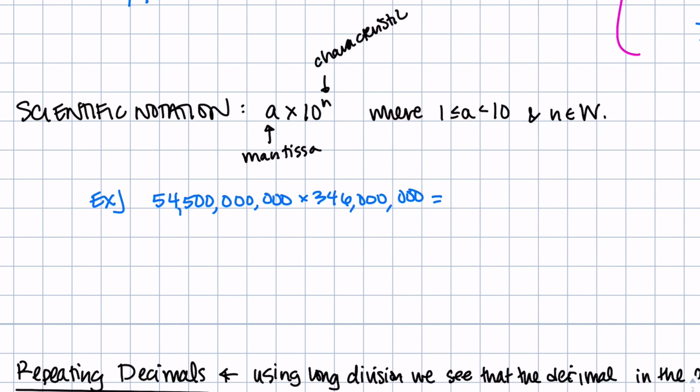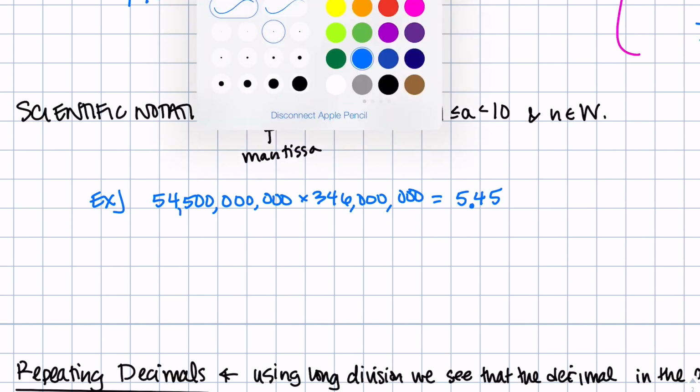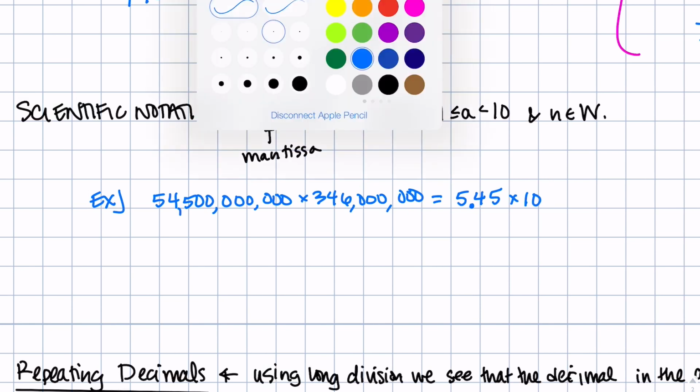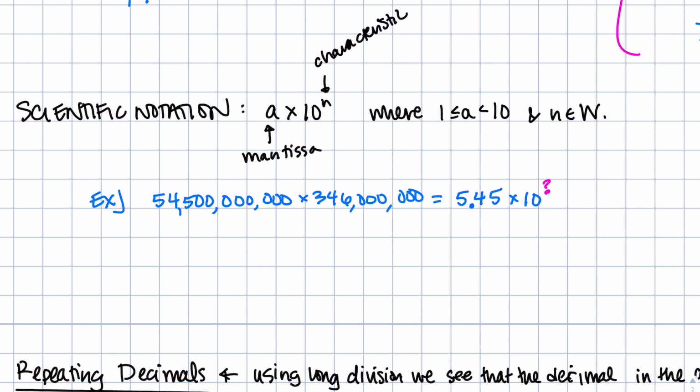So writing 54,500,000,000 in scientific notation, first I want to look at those digits, 545, and I want this number to be between 1 and 10. So I'm going to write it as 5.45. And I need to multiply it by 10 to some power, right? Okay, and so I need to figure out how many powers of 10 I need to accommodate all of these zeros that I have.